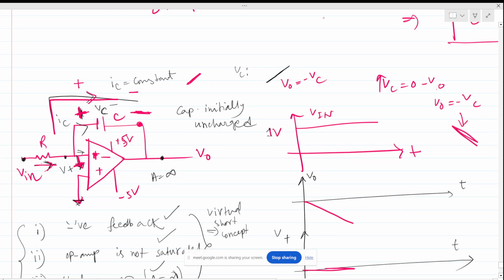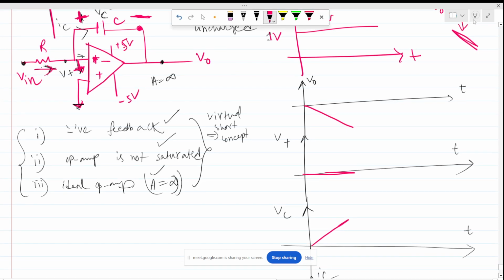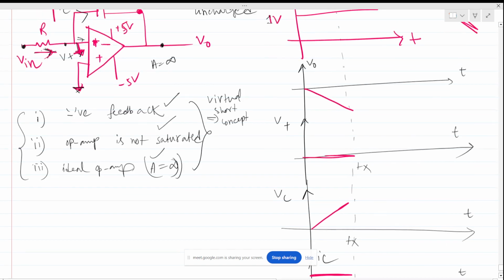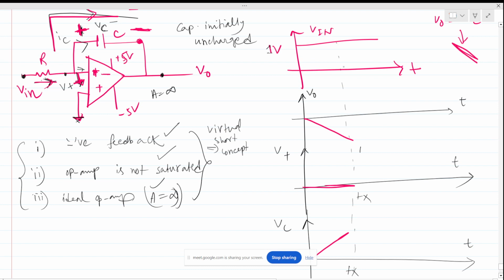Let's say this is some time tx. Okay, this is the time tx. So now how much can the output go? It can go to -5 maximum.